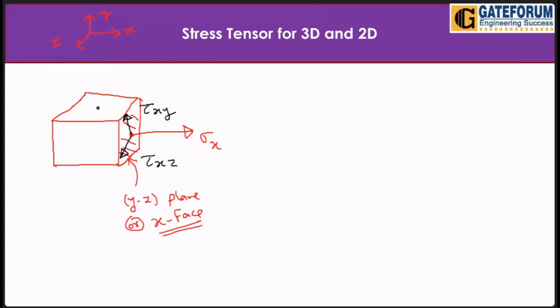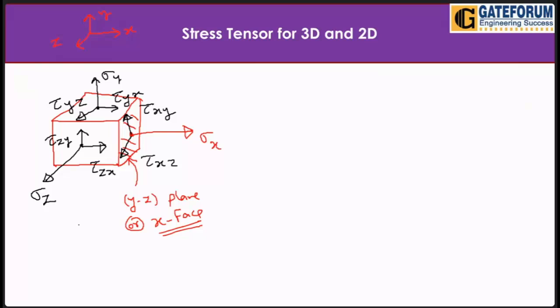Similarly, we have sigma y, and tau yx, shear stress on the Y face in the X direction, and tau yz. Same thing for sigma z, with tau zx and tau zy.